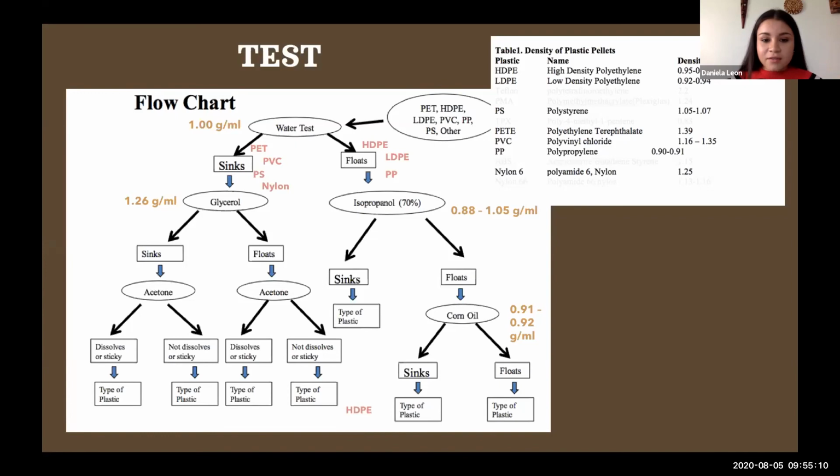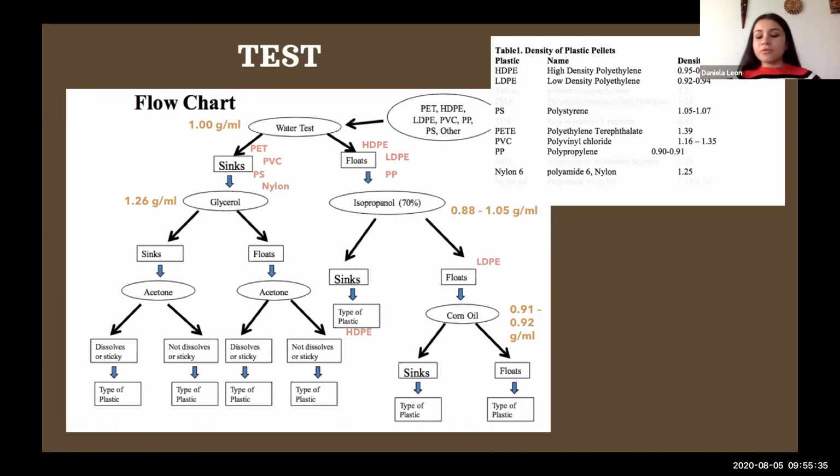In this case, the one that will sink will be high-density polyethylene, and the two that will float will be low-density polyethylene and polypropylene. On my screen, I'm going to show you how that identification looks. So one is floating and the other one has sunk.